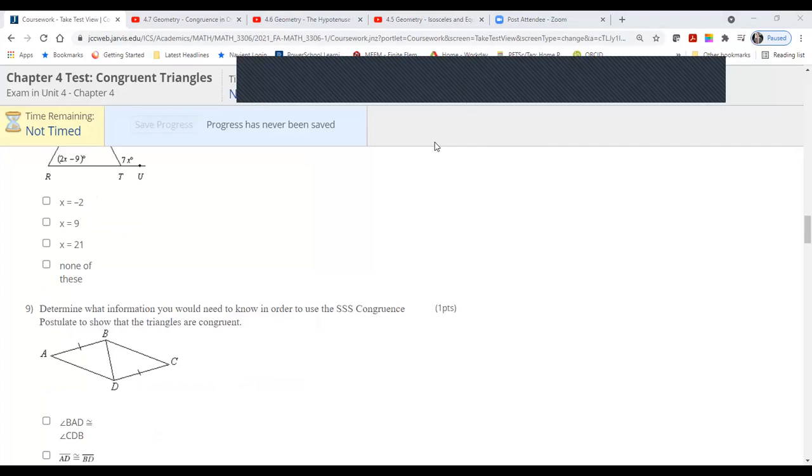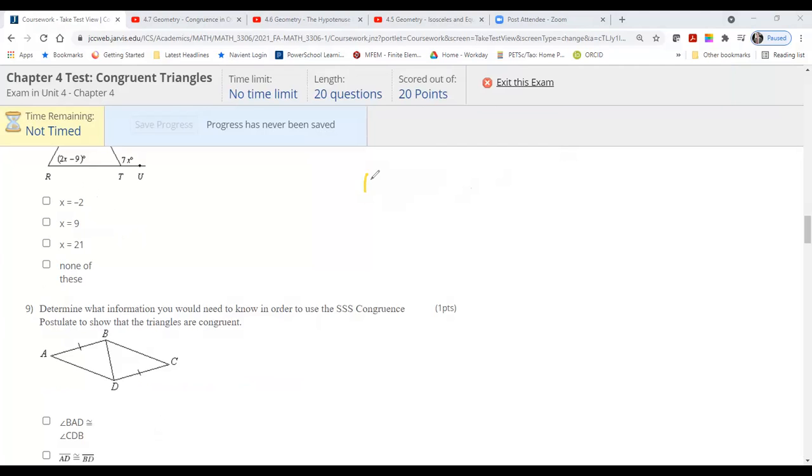And then you can find what is the x. Okay, so it's 2x minus 9 plus, because this angle is the same with this angle, right? Because it is an isosceles triangle, right?